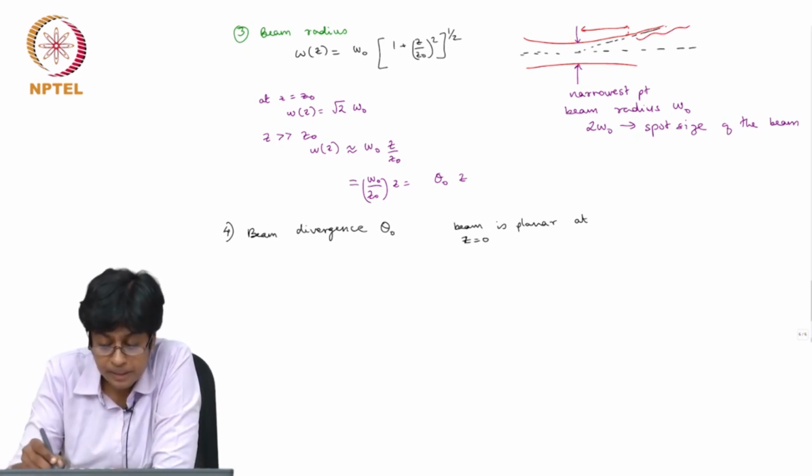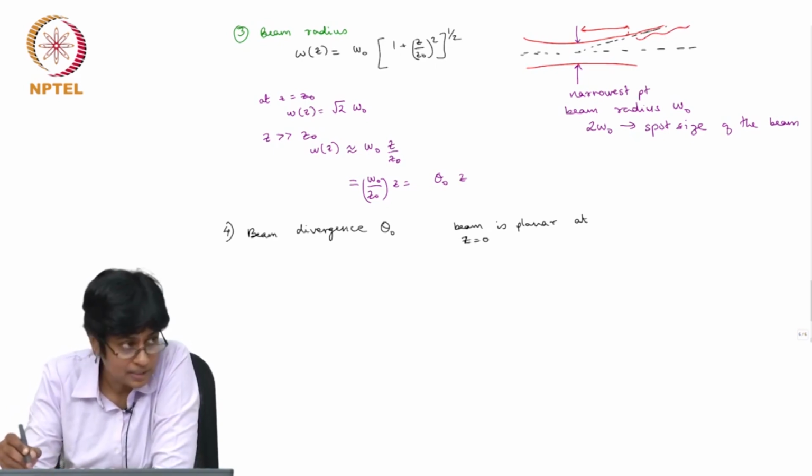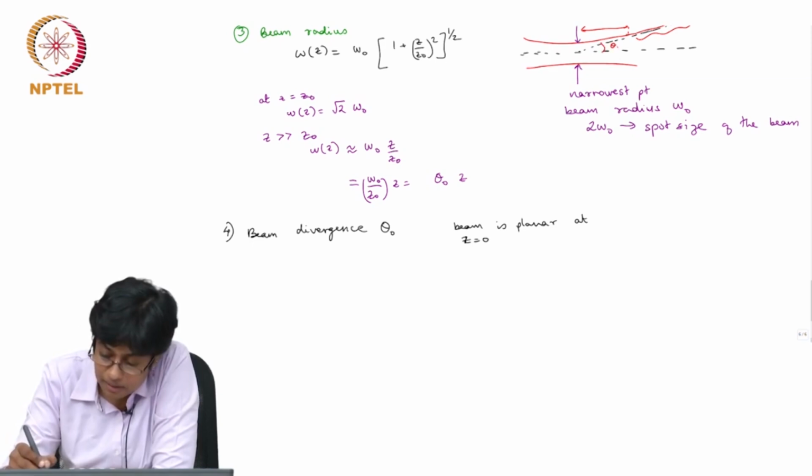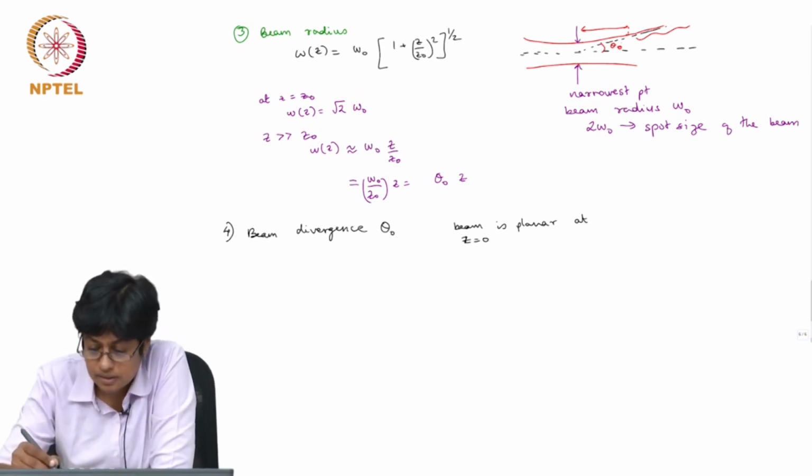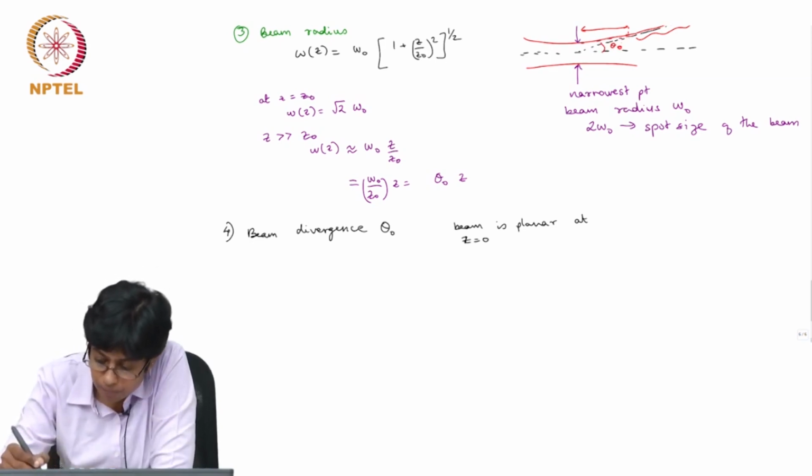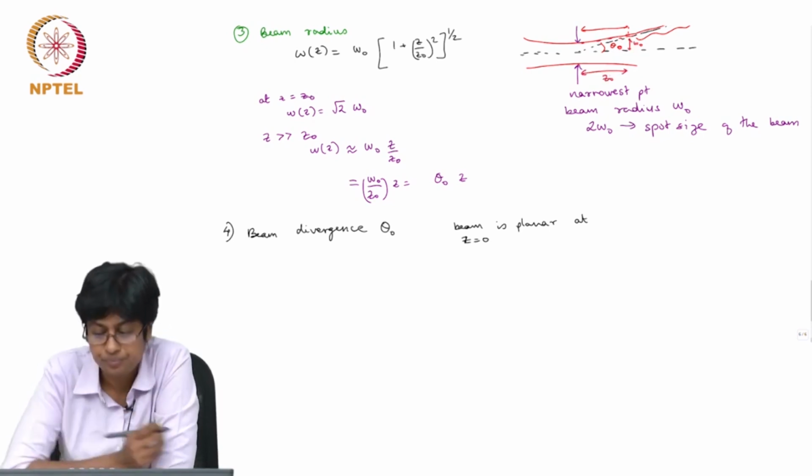But for a particular distance, that doesn't happen. This is nothing but the beam divergence. This is roughly omega naught. This is roughly z naught.